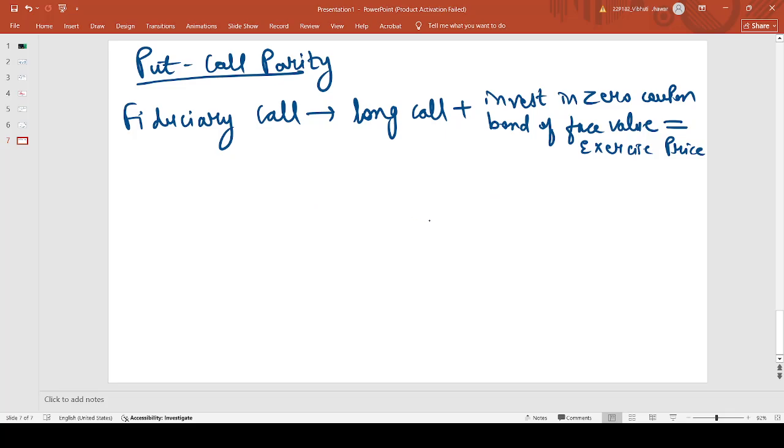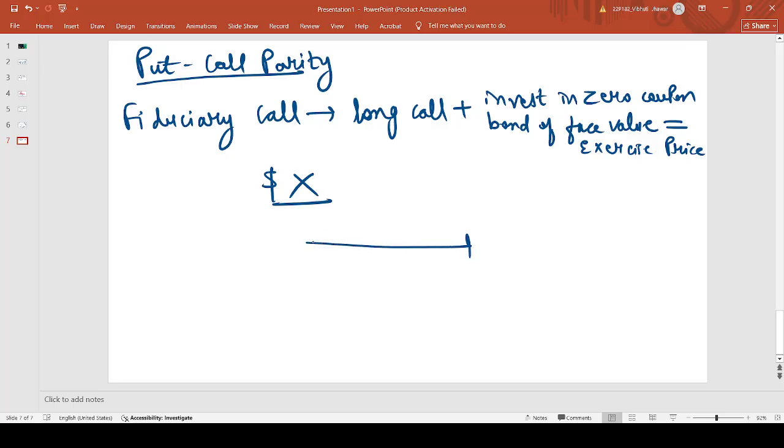So what is happening here is that you are investing in a zero coupon bond and doing a long call. Long call means we are buying the right to buy the stock at, let's say, X dollars, and you are investing in a zero coupon bond with face value equal to the exercise price.